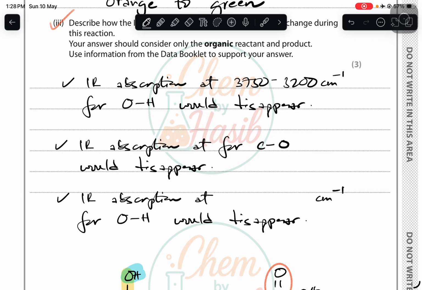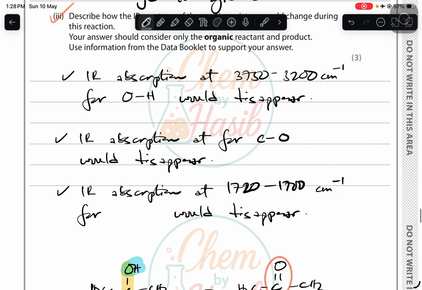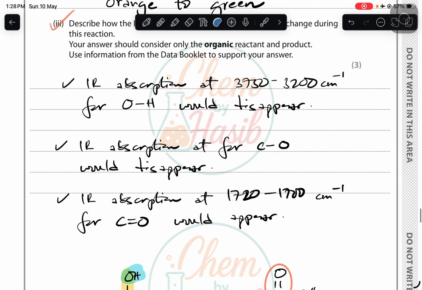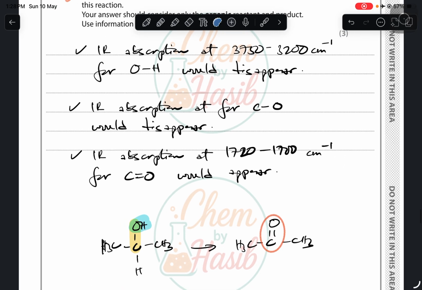At 1720 to 1700 per centimeter for C double bond O would appear. This is how you write the answer. All right. Okay, then we move on to the next question.